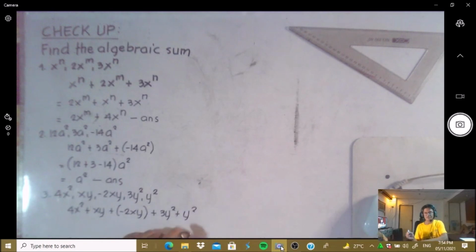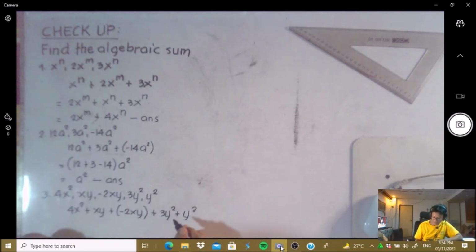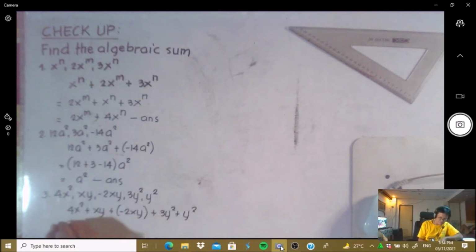So actually, we have already arranged alphabetically the letters, and the first letter x is arranged descending while y is ascending. So we have 4x squared, therefore this will be equal to 4x squared.